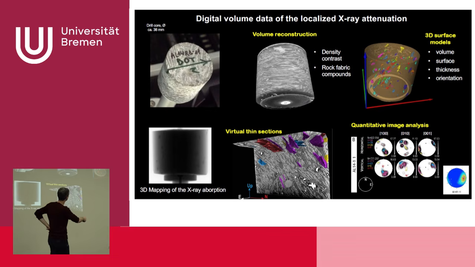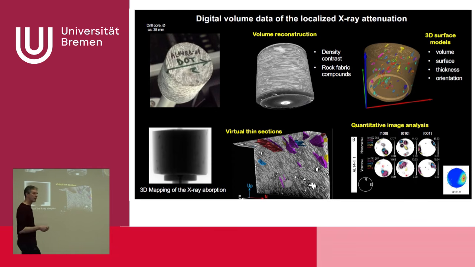And so what I can do, if I have the 3D models of all the minerals, is see their volume, the volume percentage of this ore and this rock, and what the surface is. Maybe if I have a reaction to observe, the reaction rate depends on the surface. I could look at the surfaces or the thickness of the minerals, how long it maybe takes to grow in a process, or the orientation.